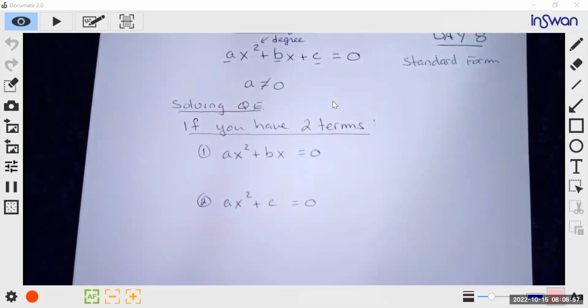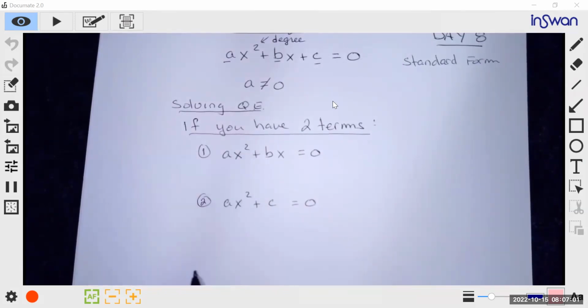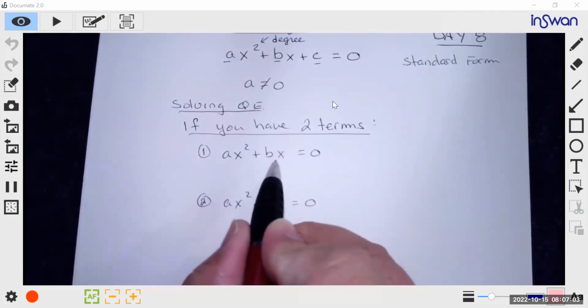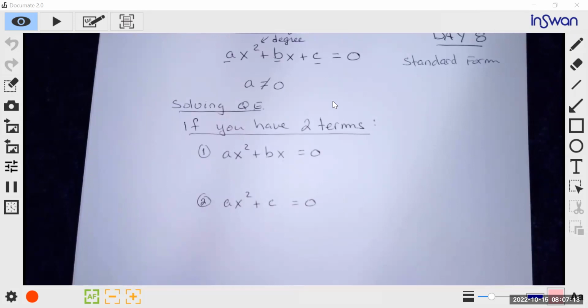If you only have two terms, then remember you have to have the a. The x squared has to be there to be quadratic. Your other term can be the middle term that has an x, or it could be the constant. Depending on which ones you have will make you use a different method.